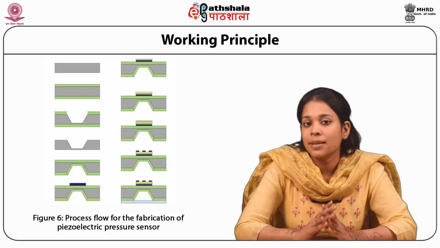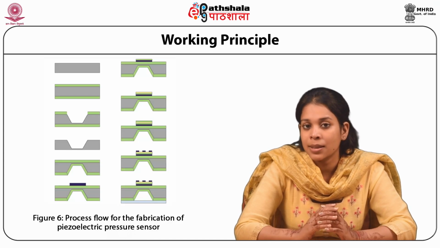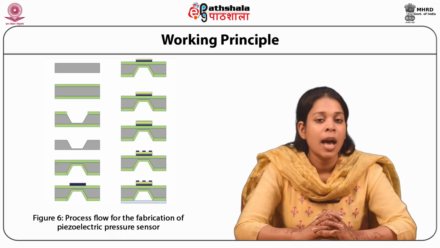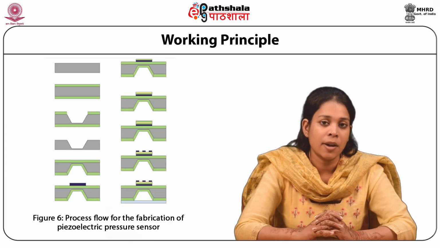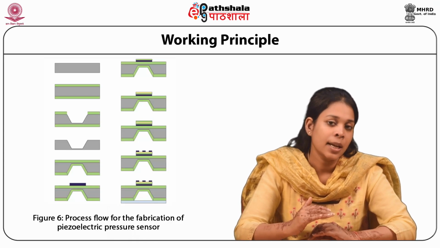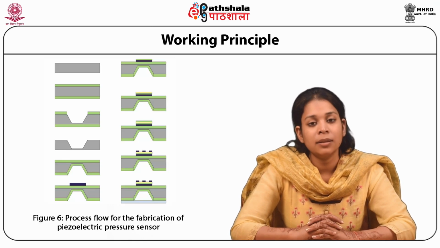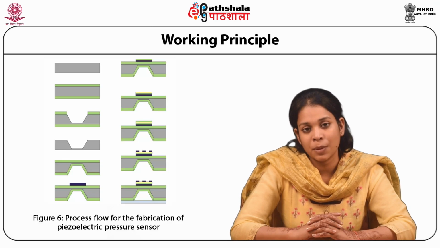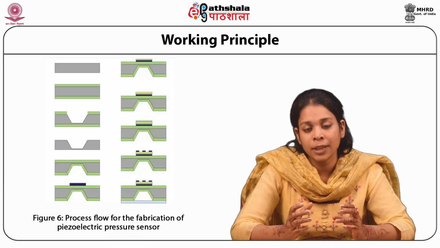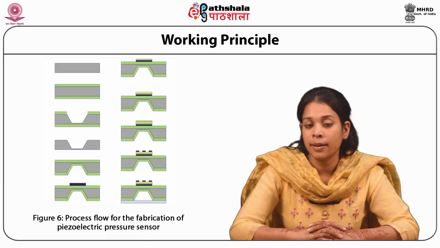Same as the capacitive pressure sensor, a silicon wafer has been taken, which is represented by violet color, and over that the silicon dioxide has been deposited on both top and bottom sides, which is represented by green color. After that, conventional photolithography has been performed and some windows have been opened so that we can do selective etching of the silicon.